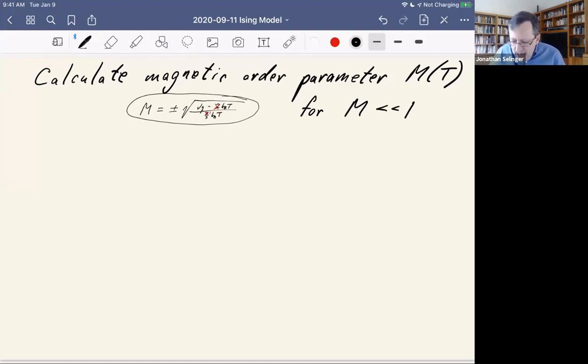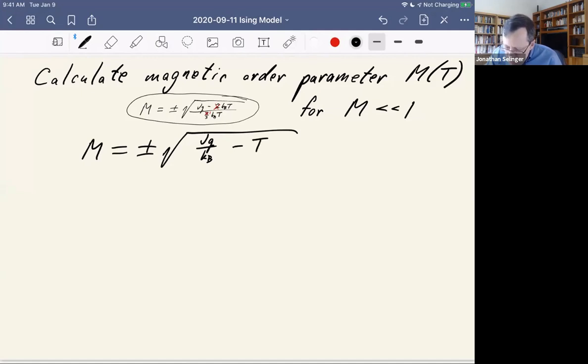So what do we get? Let's take this corrected equation and rewrite it a little bit. This could be written as M is plus or minus the square root of 3 times JQ over Boltzmann's constant minus temperature, all divided by temperature. Let's put the factor of 3 in the numerator like that.